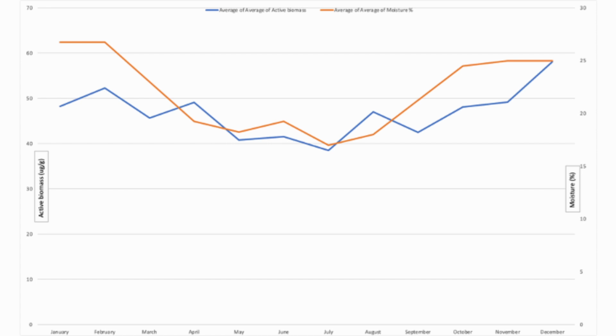But it just so happens that on the data that we've collected over the last 4 years, the soil moisture content is at its lowest when the air temperature is at its highest. And so it follows that organism activity is at its lowest when temperatures are at their highest and soil moisture content is at its lowest.